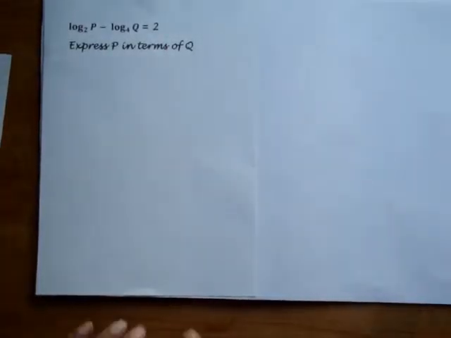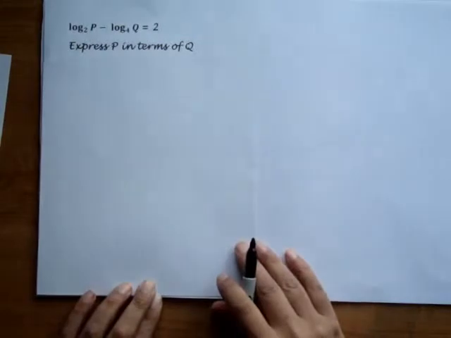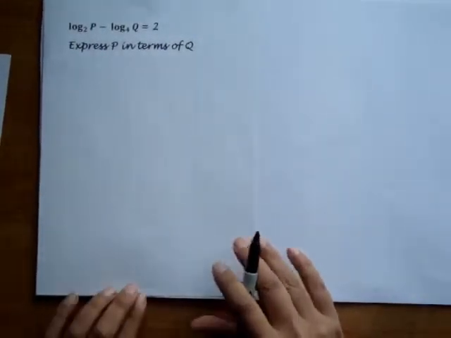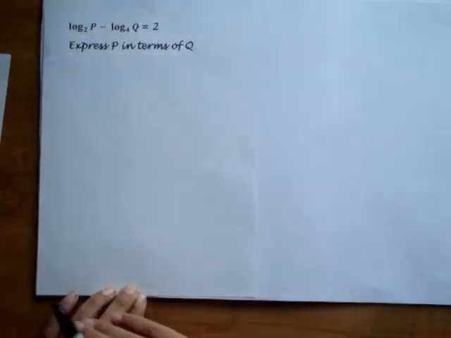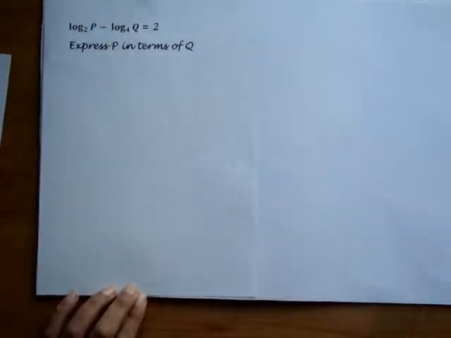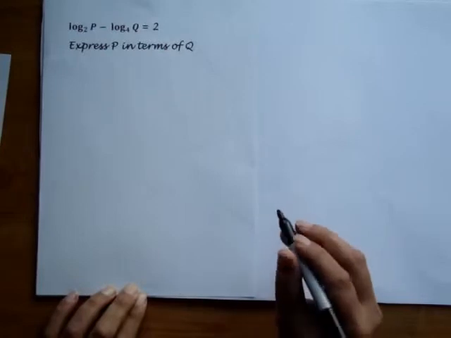Okay, a slightly different type of question, with a little bit of algebra. We're asked to express p in terms of q. Now the first thing we see is the bases of the logs are different, so we want the bases to be the same so that we can continue with our log laws.